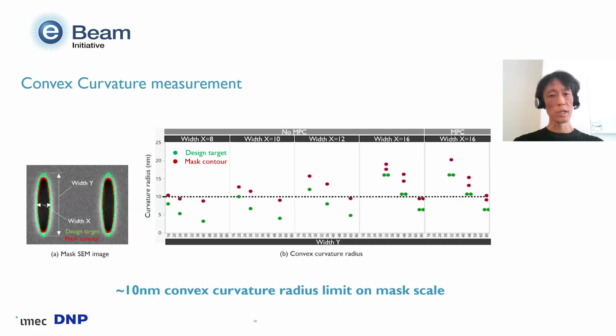This degradation likely originates from limitations in the mask writing and the resist development and etching processes in the mask. Based on these experimental results, a practical curvature radius limit of roughly 10 nanometers is proposed for the investigated mask process.